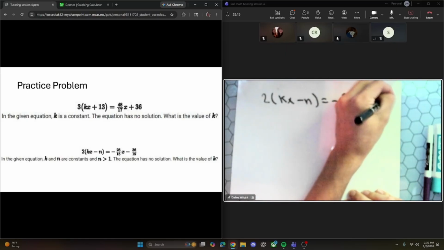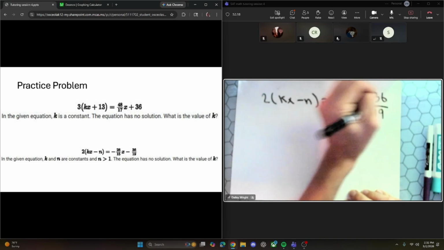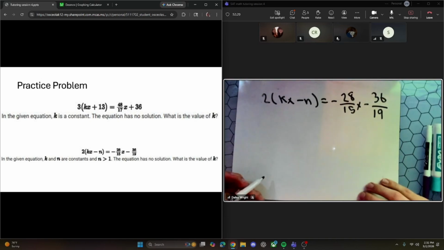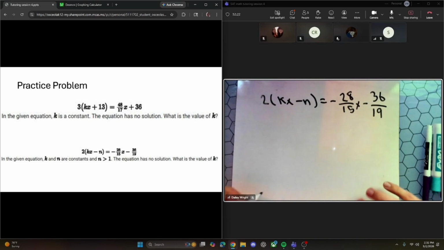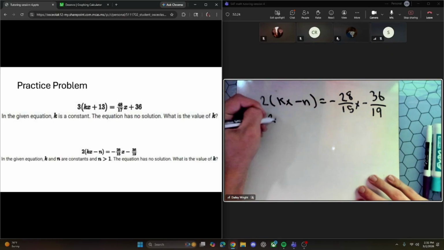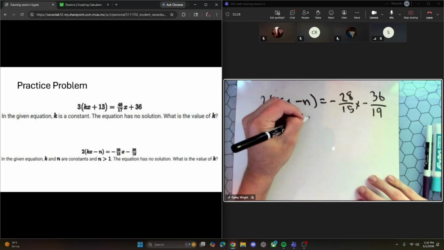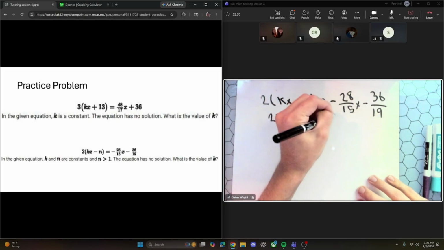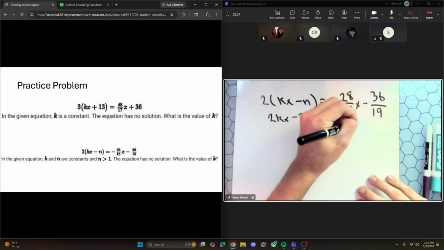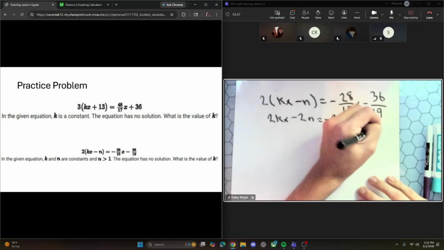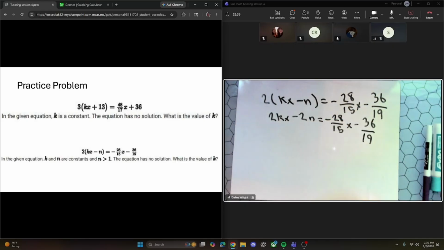Minus 36 over 19. So here we go, distributing: 2kx minus 2n equals negative 28 over 15x minus 36 over 19.